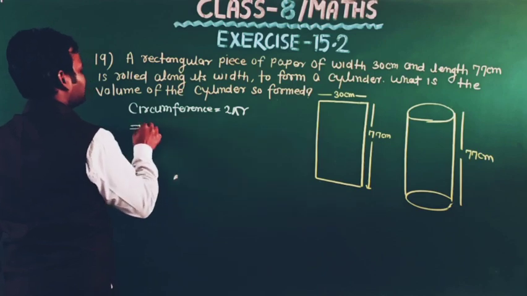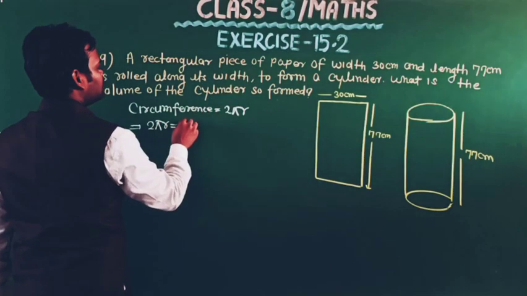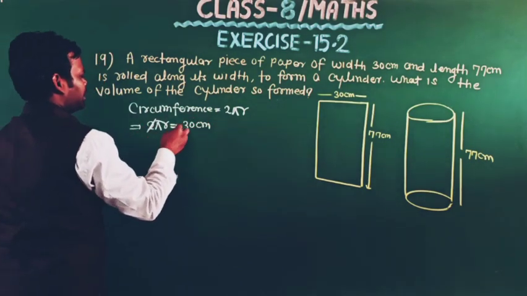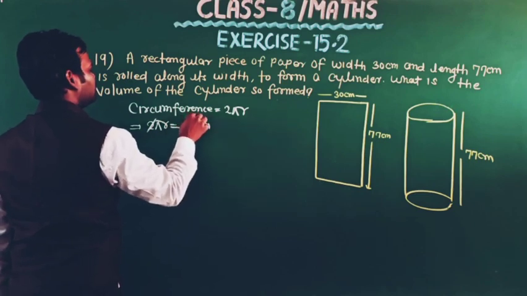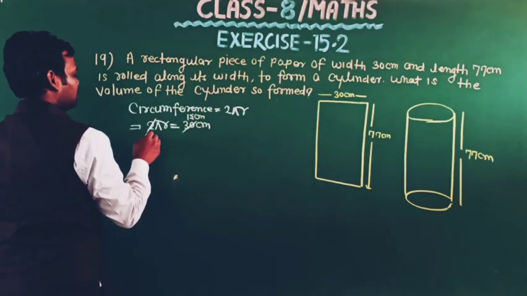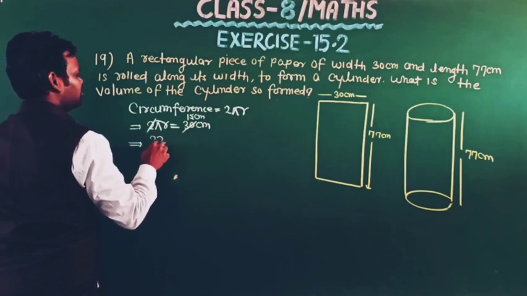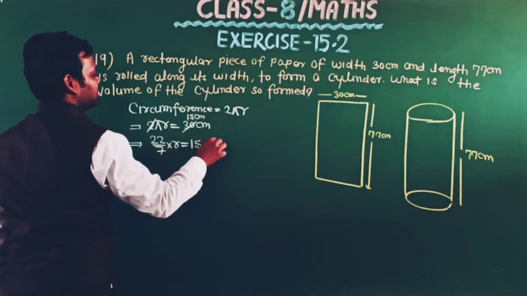So this implies 2 pi r is equal to 30 centimeter, and here we can cancel 30 by 2, equal to 15 centimeter, and this implies pi is 22 by 7 into r equal to 15 centimeter.